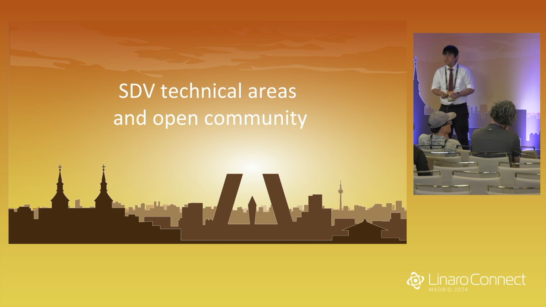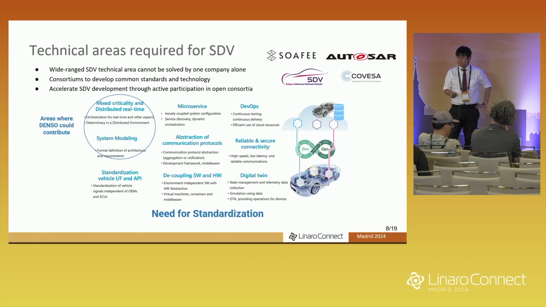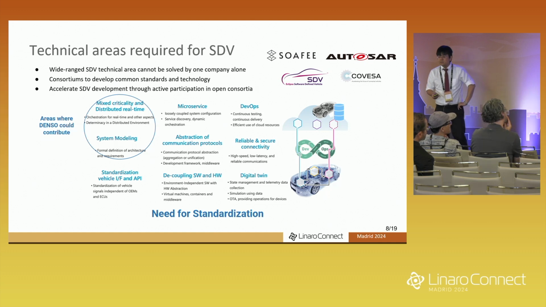Okay, now next is SDV technical area and open communities. So this slide shows the technical areas required for SDV. So the center diagram, the blue characters, shows the 9 technical areas. So we are using these 9 categories to classify the existing SDV related open projects.